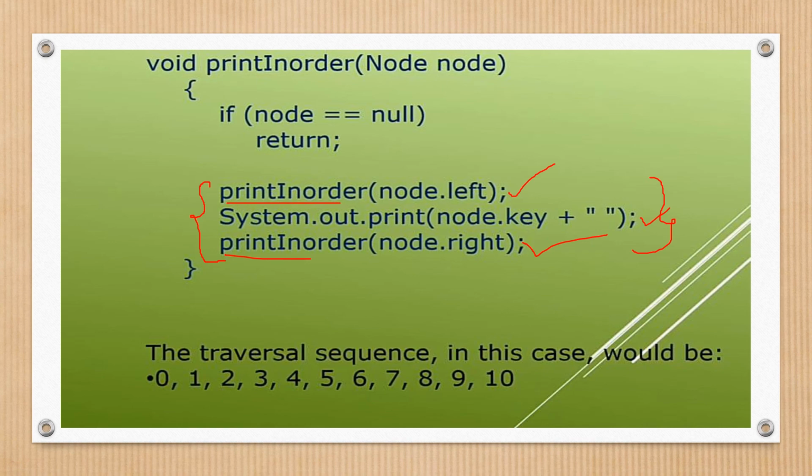If we use in-order traversal for this tree, the sequence of nodes will be like this. In this way we can traverse our binary tree in three ways: in-order, post-order and pre-order.